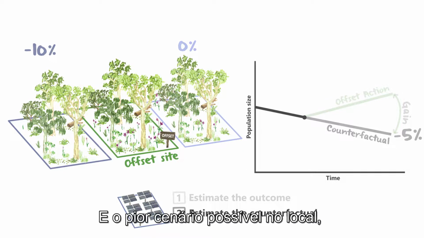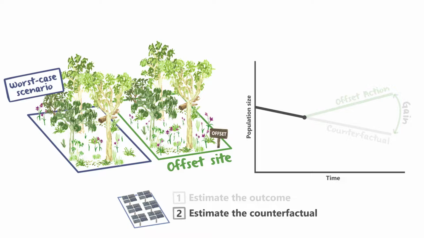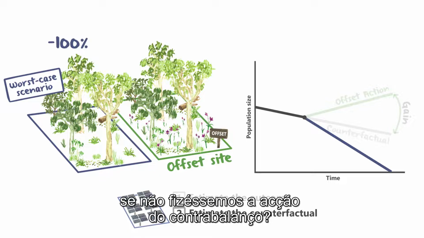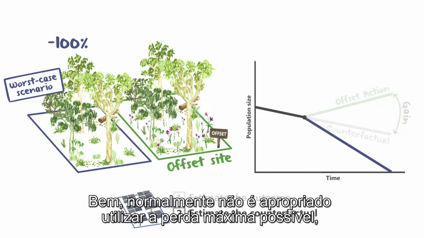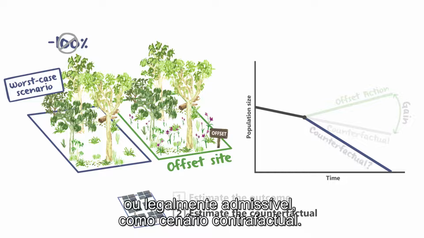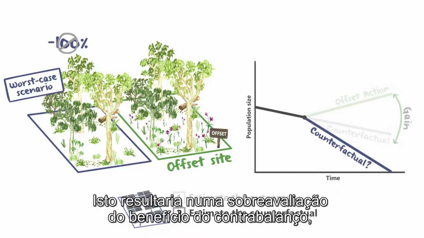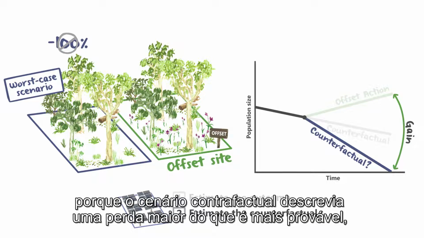What about a worst-case scenario at the site in which all the plants could be lost if we do not do the offset action? Well, it's usually not appropriate to use the maximum loss that is possible or legally permissible as the counterfactual scenario. This would result in overstating the offset benefit, because such a counterfactual scenario would describe a greater loss than is most likely.